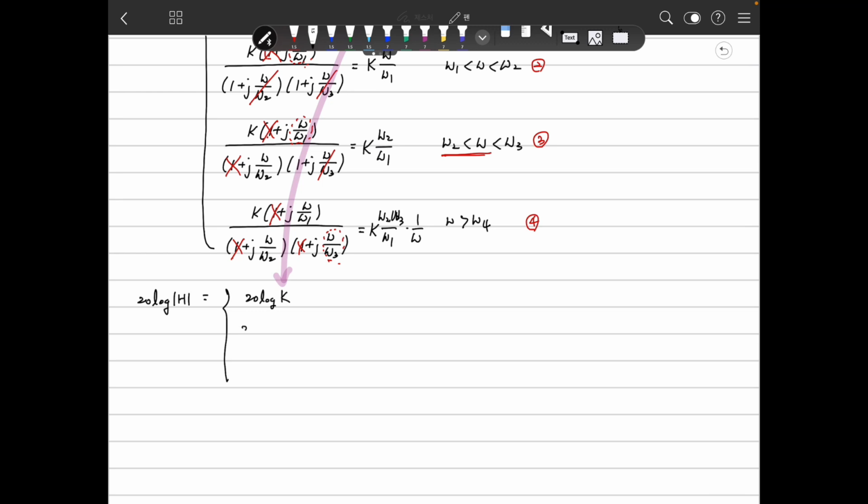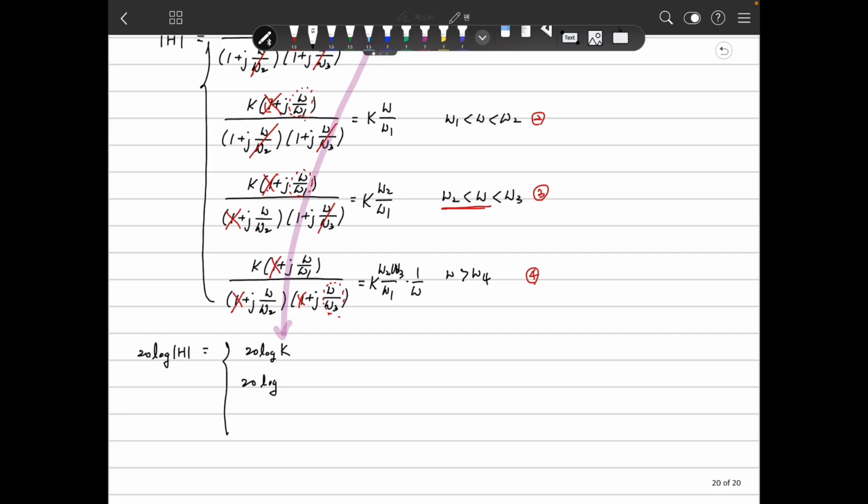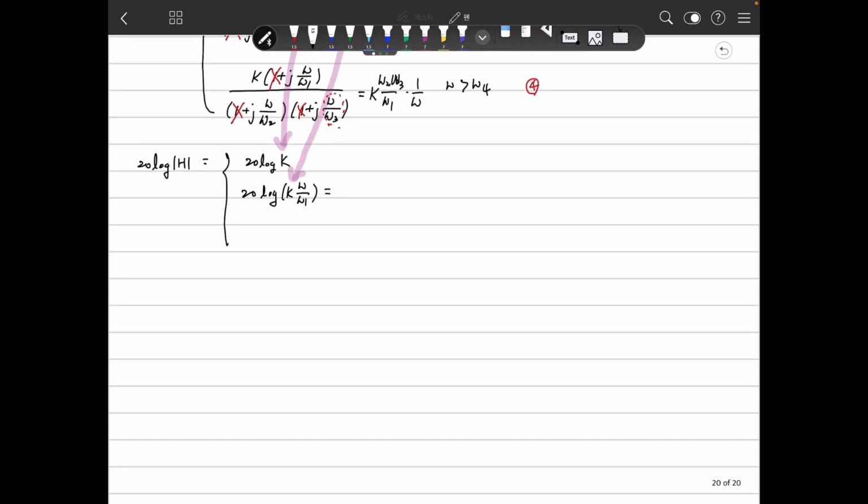The second 20 log, insert this here. So that will be k omega 1 omega. So it will be 20 log k minus 20 log omega 1 and plus 20 log omega.